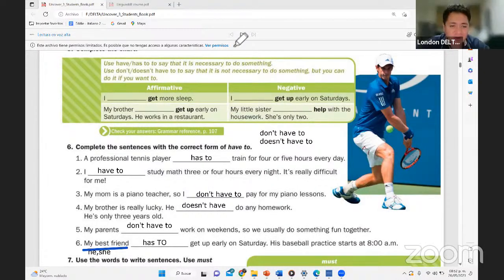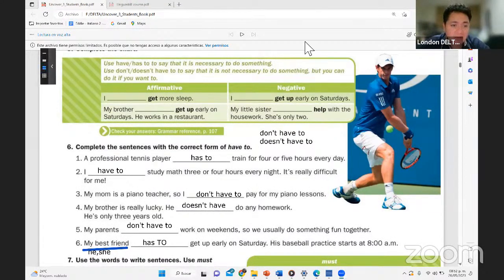Just remember the pronunciation. Vamos a recordar la pronunciación. Cuando vean que en el caso de have y has to, lo que podemos hacer es no pronunciar la H cuando hablamos rápido.